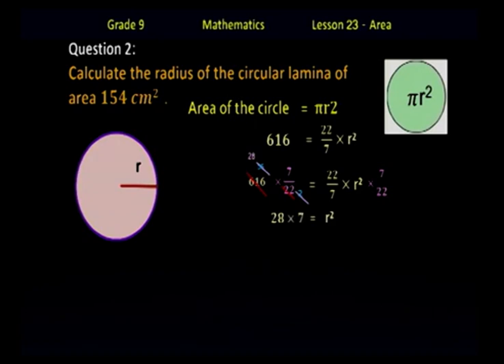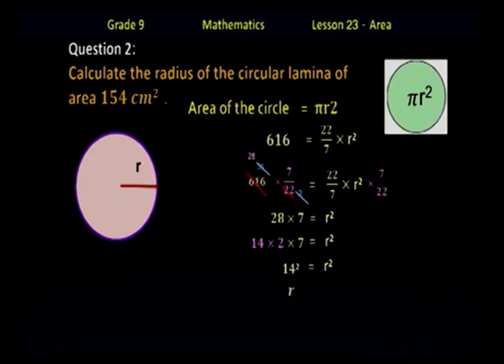Now simplify. r squared is equal to 28 into 7. What is it? It is 14 into 2 into 7. If you can't identify the square number, then you can separate it. 28 is separated as a product, 14 into 2. Then you can arrange it as 14 squared, because 2 into 7 is 14.